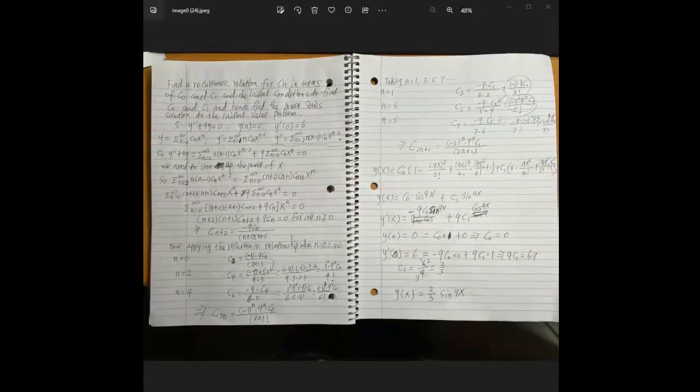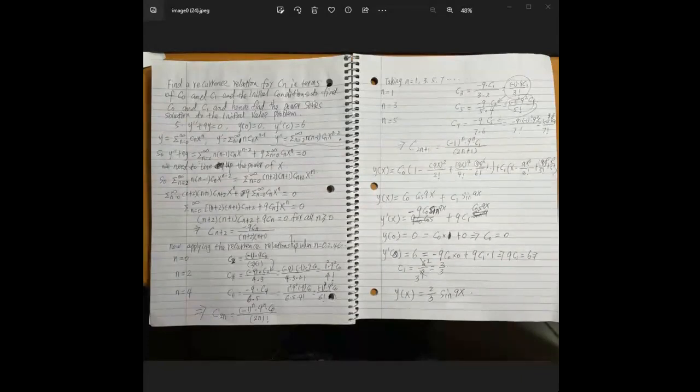So I took n equals n plus 2. So over here, x to the n plus 2 minus 2 equals n. So Cn becomes C n plus 2, and n minus 1 becomes n plus 1, and n becomes n plus 2. And here, n equals 2 becomes n equals 0. So I get the new index.